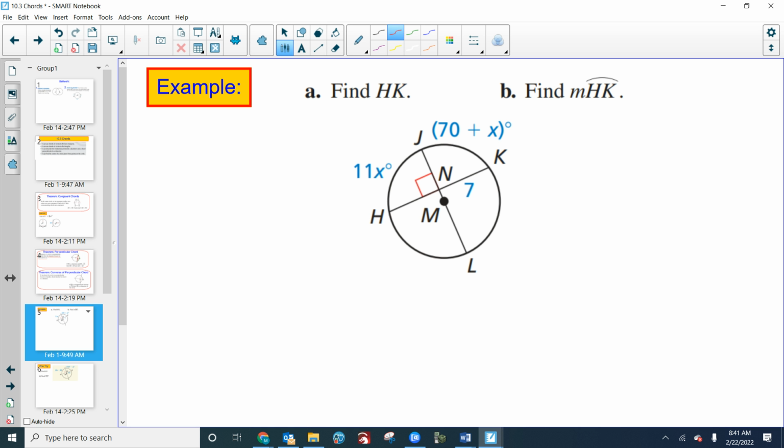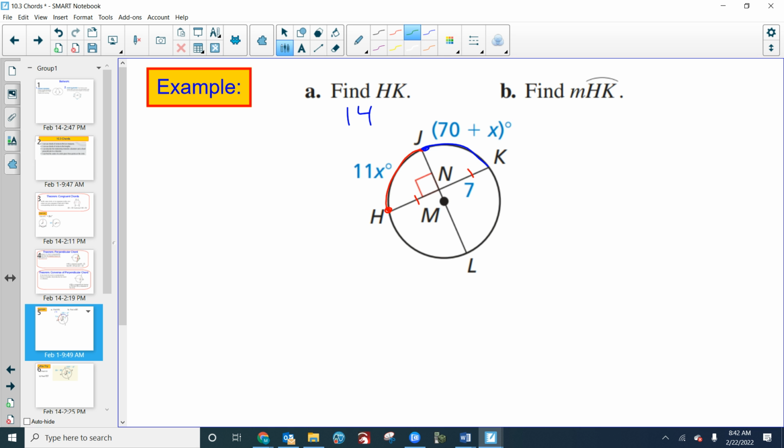So we could say those parts are congruent, correct? Yeah. We can also say these arcs are congruent. So first part, what's HK? What's that segment? And this is not a diameter. This is just a chord. What's the length of HK? 14. Very good. HK is 14.